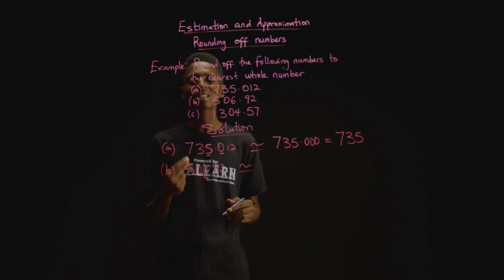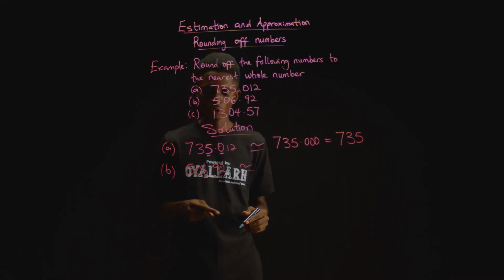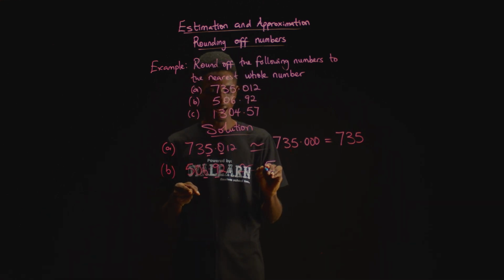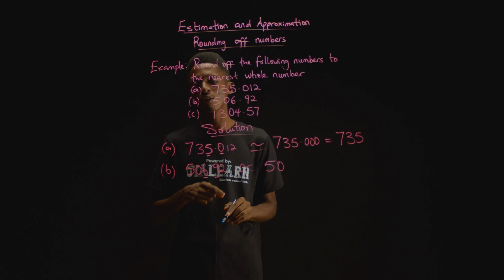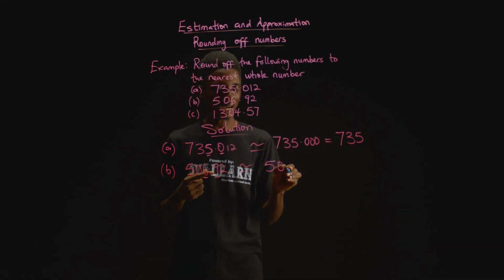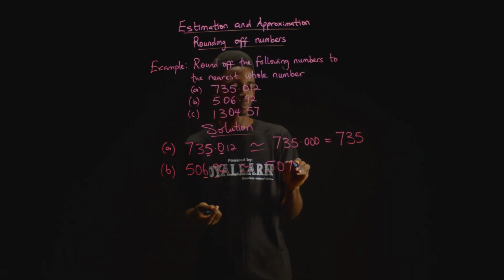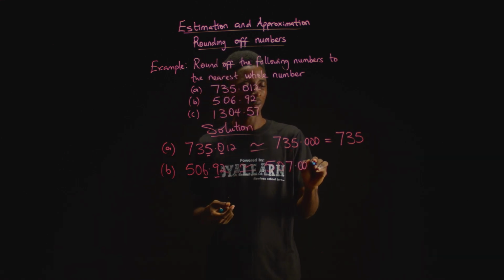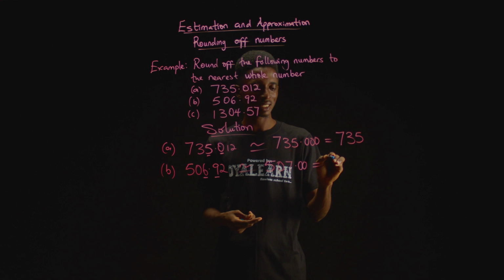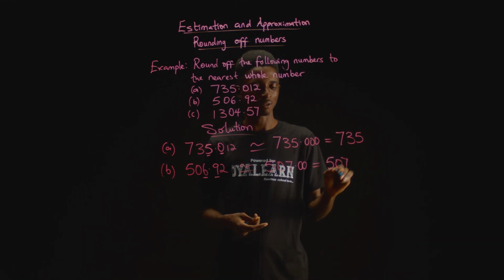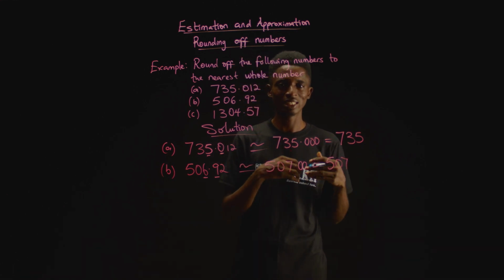That is, we increase our rounding off place by 1. So now we would have 50, and instead of 6, we increase 6 by 1, and then it becomes 7. Of course, it is 0.00, but this is the same thing as writing 507, doing away entirely with the decimal fraction part.